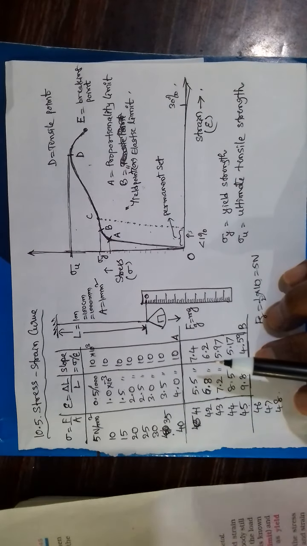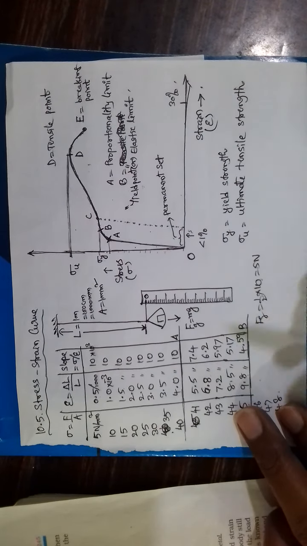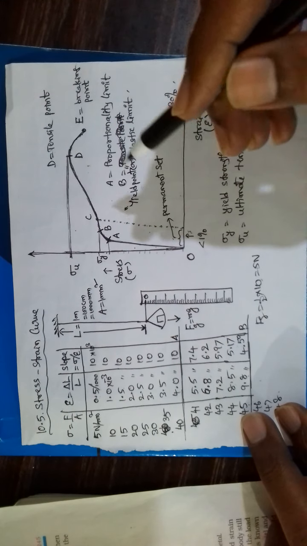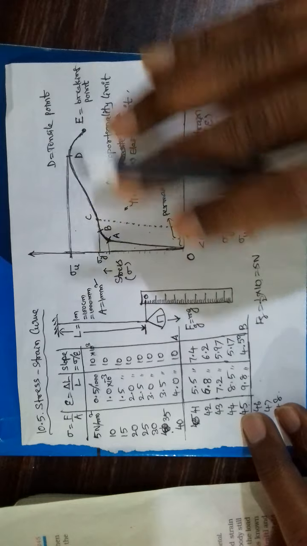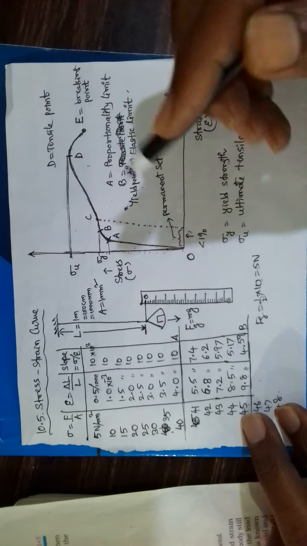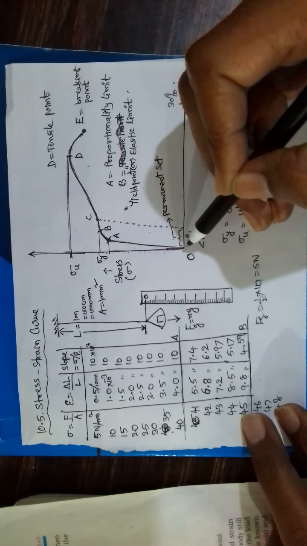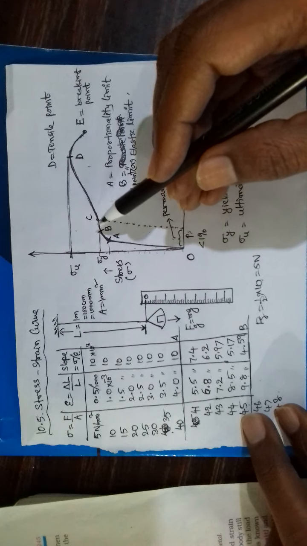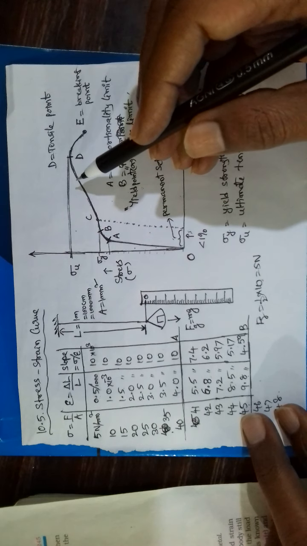Okay, now see, here our wire behavior can be classified into two types: elastic behavior, plastic behavior. See, up to B our wire is elastic. Afterwards it is not elastic.